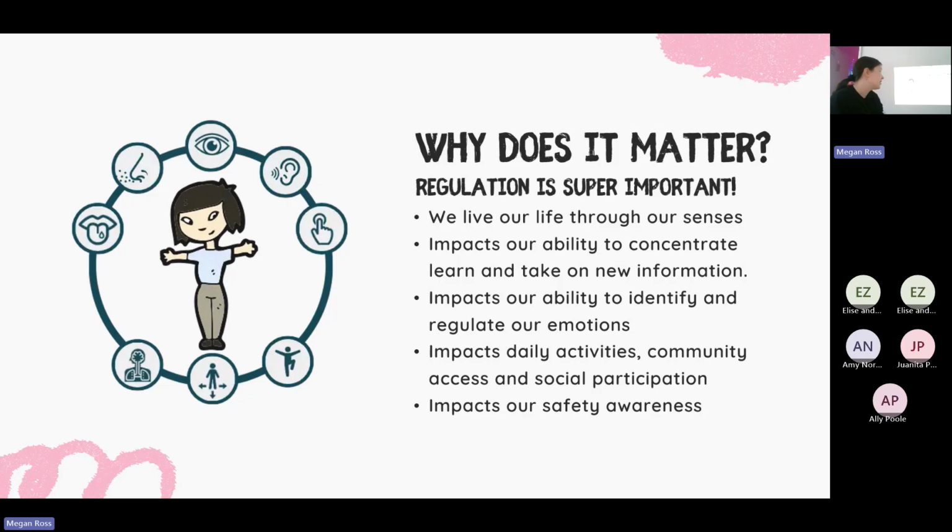It impacts our ability to identify and regulate our emotions. If we are feeling overstimulated and overwhelmed by certain sensory experiences, that can lead to big emotions. When we're really overwhelmed, we're more susceptible to feeling angry or sad or worried.